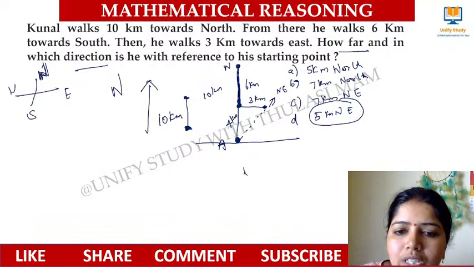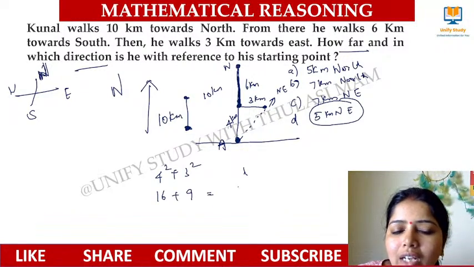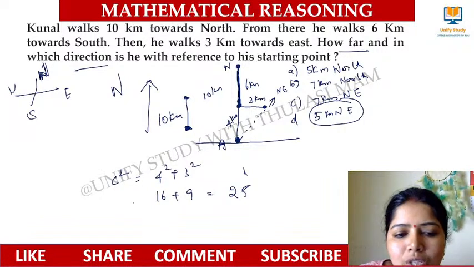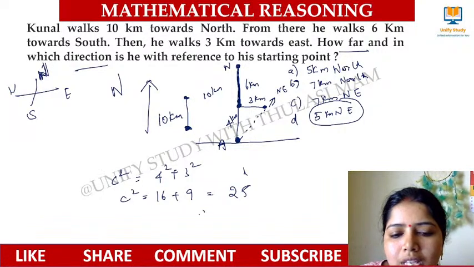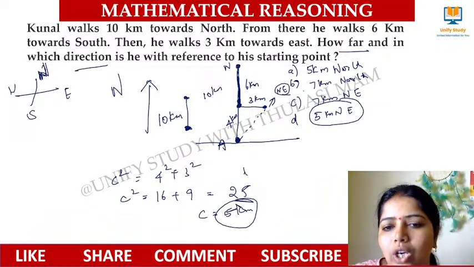So how to find this? 4 squared plus 3 squared. 4 squared is 16, plus 9, equals 25. This is C squared. The shortest distance C is equal to 5 kilometers, facing towards the northeast direction.